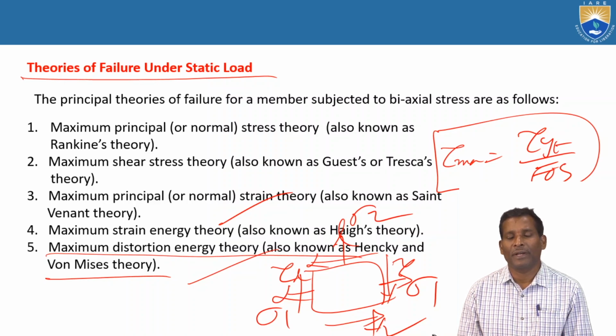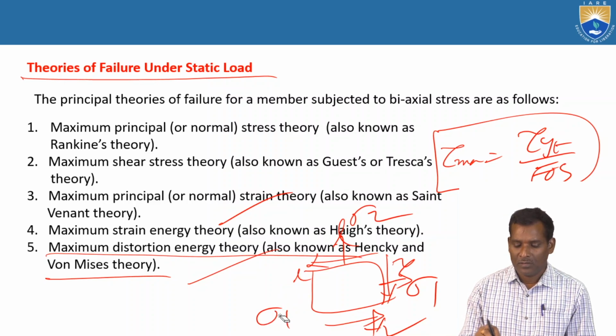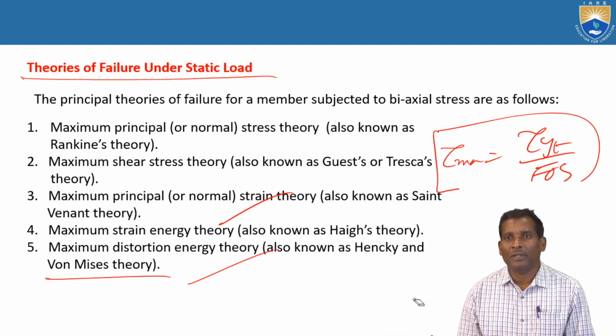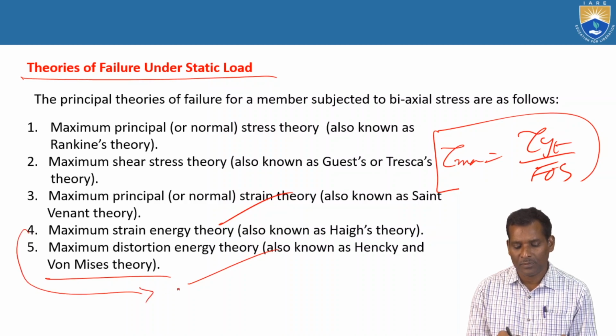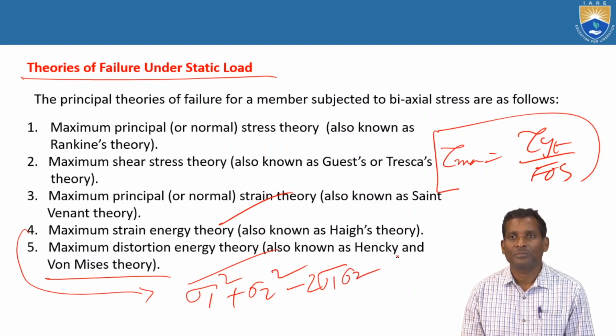You may determine it. From the strain energy theory, you may write the equation for the safe condition: sigma 1 square plus sigma 2 square minus 2 sigma 1 sigma 2 upon m is equal to sigma yt by m, whole square.